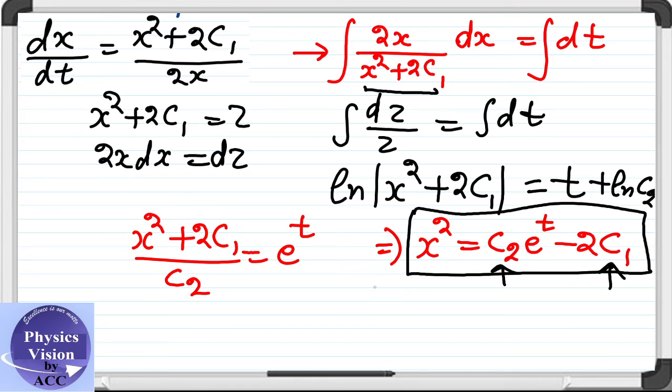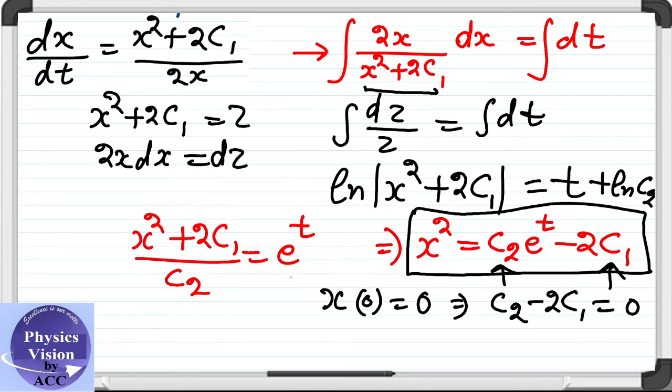The first boundary condition is at t is equal to 0, x is equal to 0. This gives us c2 minus 2c1 is equal to 0. Another boundary condition is at t is equal to 1, x is also equal to 1.